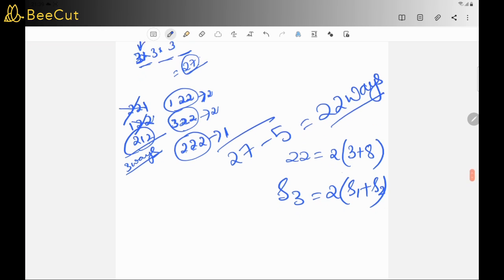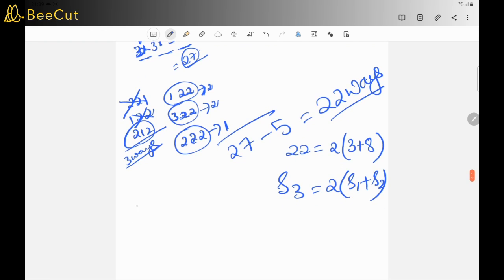So if we want to form a 5-digit number using digits 1, 2, 3, it is 3 followed by 8 followed by 22, the fourth one will be 60, next this is 82 into 2, this is 144. This is the answer.